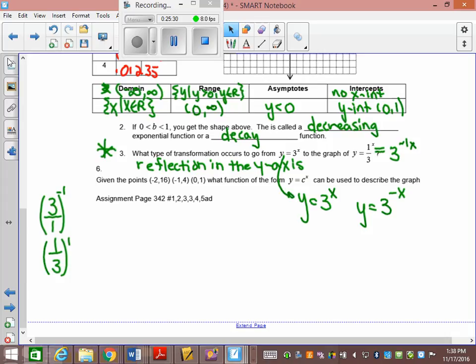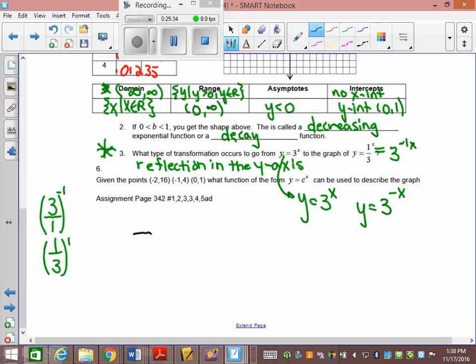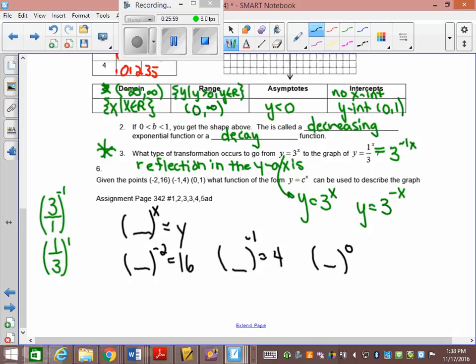It's a base to the x. So we need some sort of base to the exponent x that should equal our y. So for this point, we have something to the -2 should equal 16. For this one, something to the -1 should equal 4. And for this one, something to the 0 should equal 1.